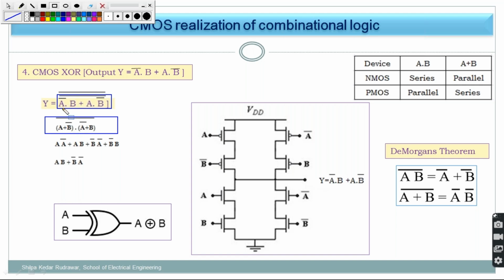So A into B will go into A plus B, because you need to solve this complement. After solving, you get this particular part. If you are not clear about this logic, recall your concept and learn De Morgan's theorem. So after this, what I need to do?